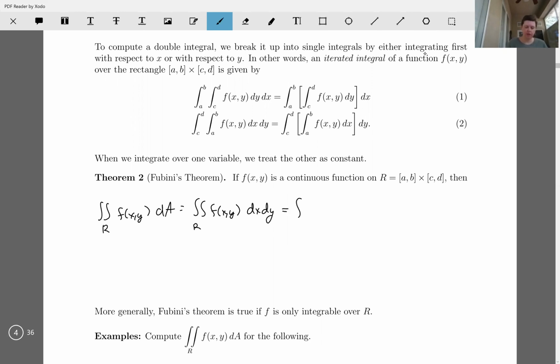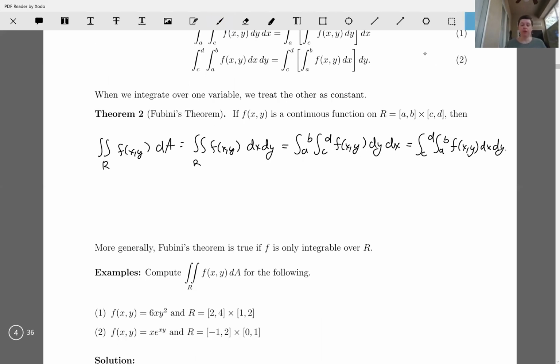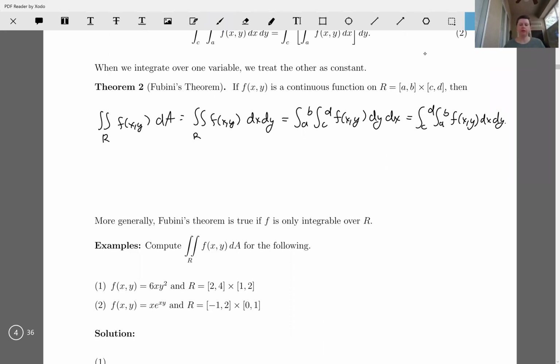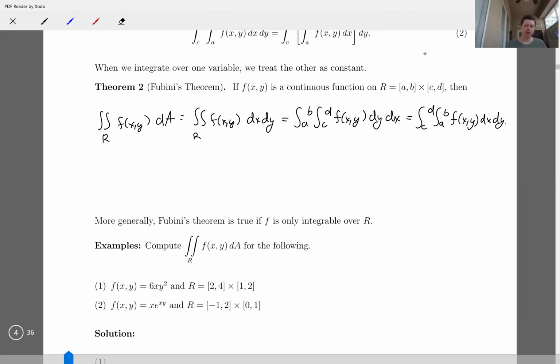And then we can choose to integrate either with respect to y first or with respect to x first. More generally, Fubini's theorem actually doesn't require f to be continuous. All it requires is that f can be integrated over that region.